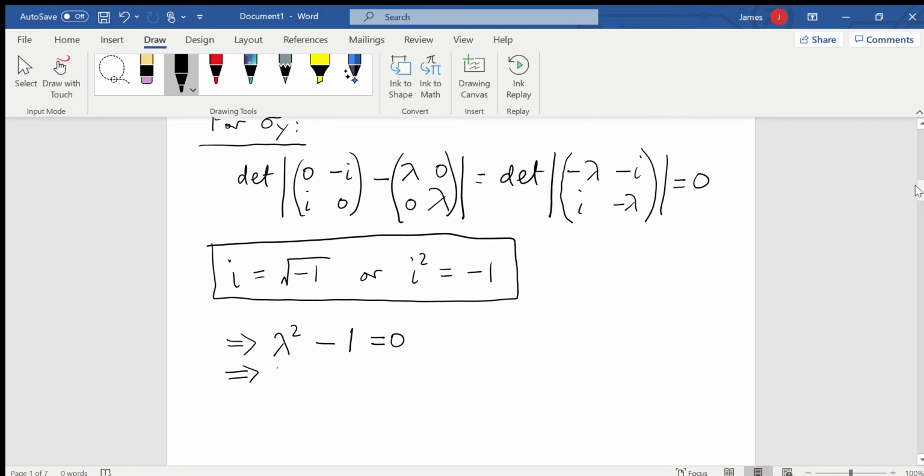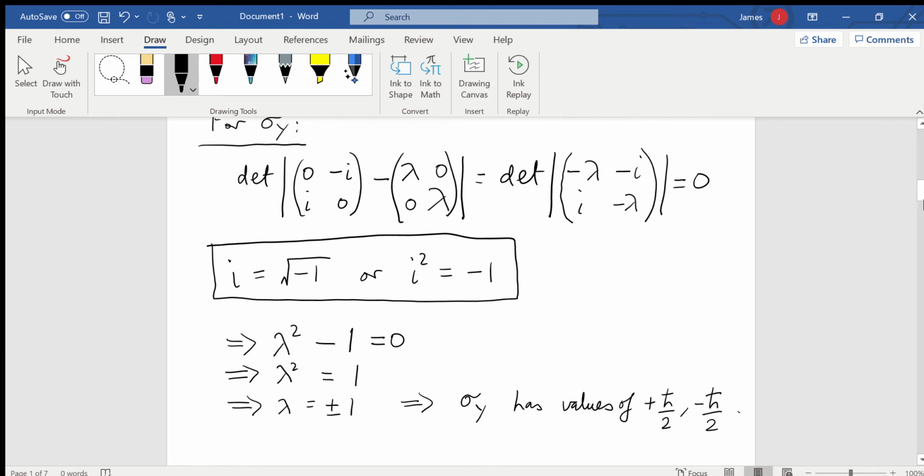So we can say that lambda squared, as before, is equal to 1, and therefore lambda is plus or minus 1. Just as we saw with sigma x, when we put the h bar over 2 back in, sigma y has eigenvalues plus h bar over 2, the plus 1 multiple, and minus h bar over 2, the minus 1 value.